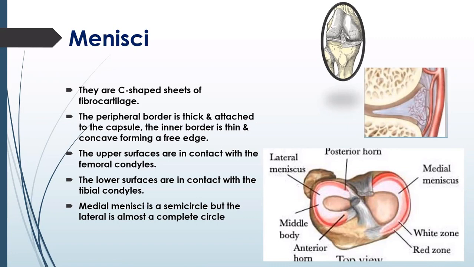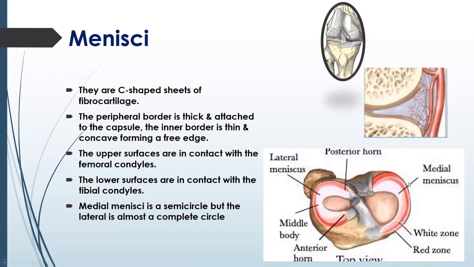We have in the knee two menisci. We have the medial and the lateral menisci. The medial meniscus is semicircular or lunar shaped, and the lateral meniscus is almost circular in shape. The medial meniscus is composed of a posterior horn, body, and anterior horn.